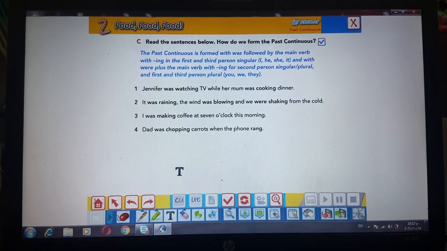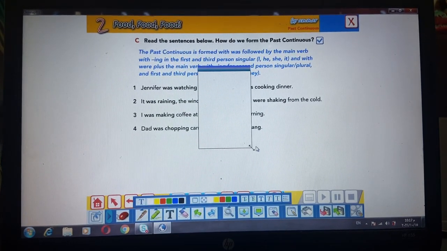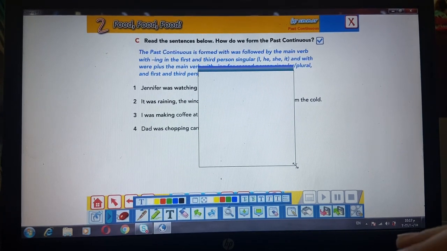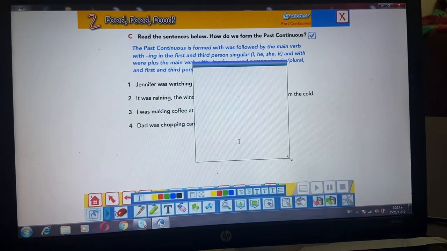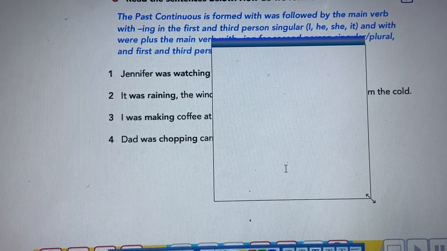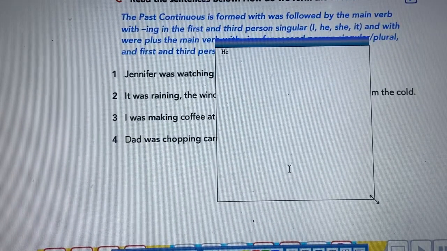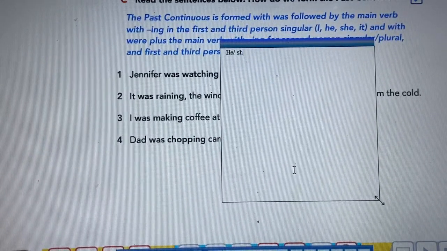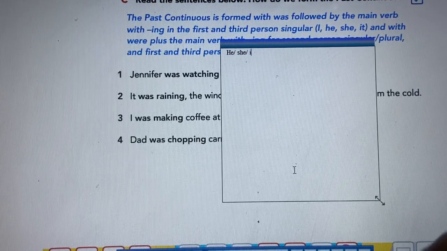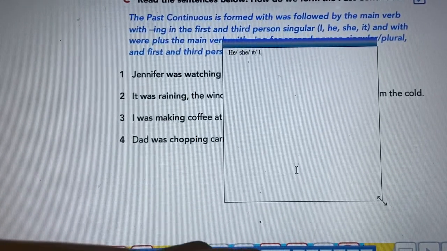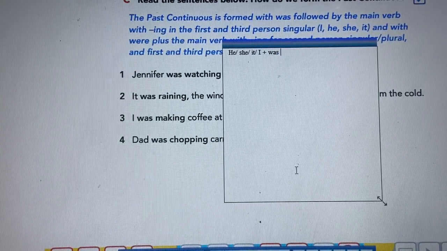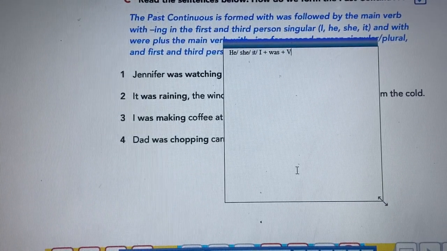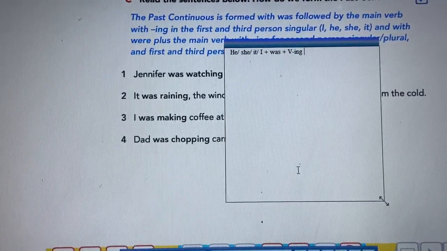I'm going to write it in an easy way. So the structure is he or she, it, or the pronoun I plus was, and the main verb is progressive, or ing, and of course the object.